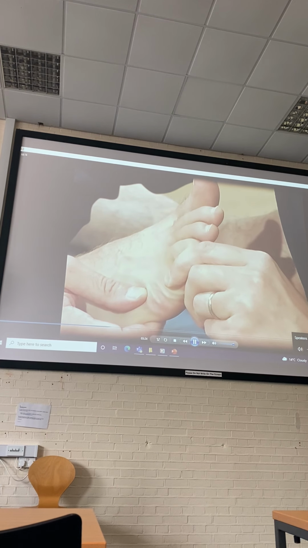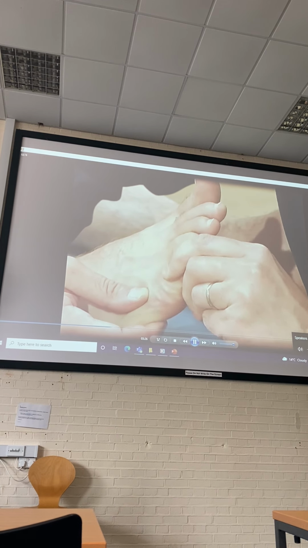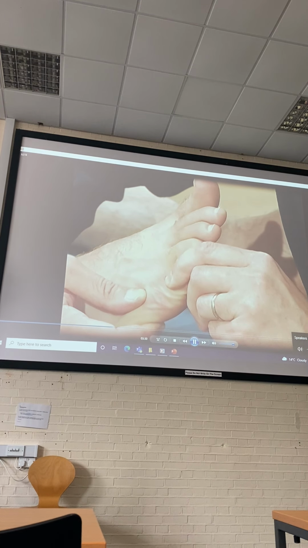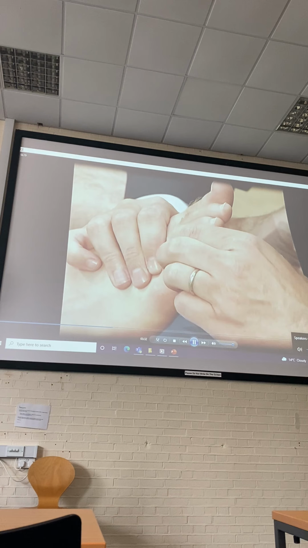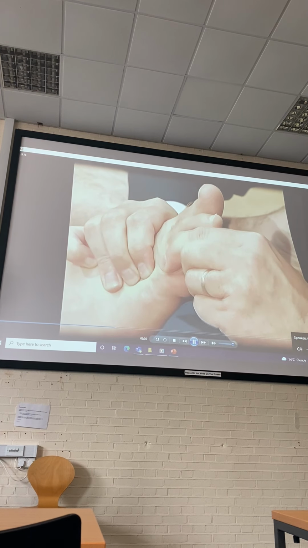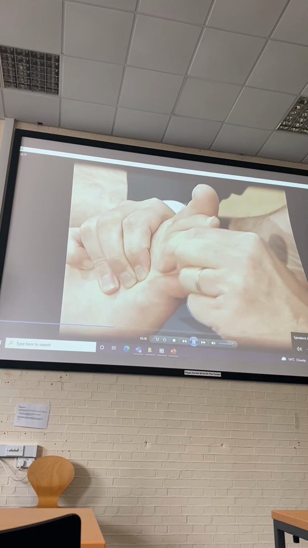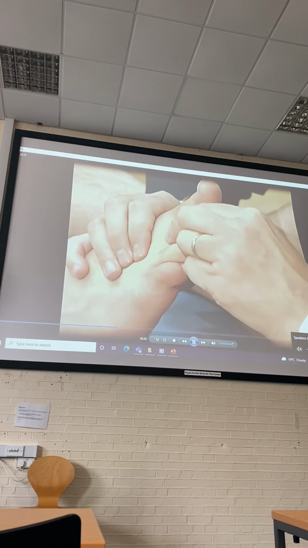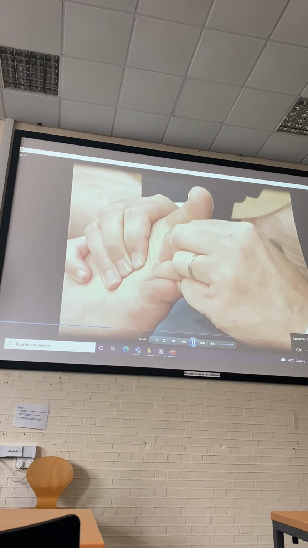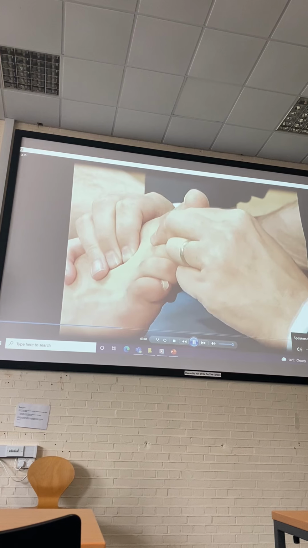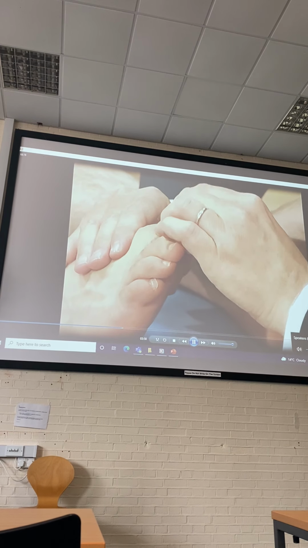This should induce symptoms if the patient has any synovitis or arthritic change within the joint, and each joint is then assessed in turn. Again, holding the proximal phalanx, holding the metatarsal head, pushing it, and then rotating the toe in that position. And then finally the first.